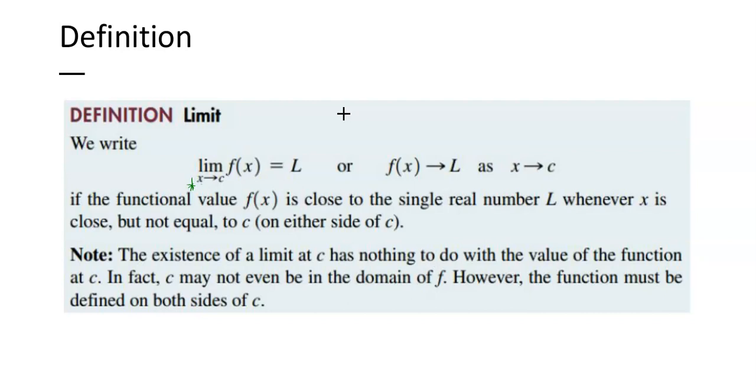So in fact, c may not even be in the domain of f, which means c might be a number that you're not even allowed to plug into the function. It might not even be a valid value of x for us to see if the limit exists. However, the function must be defined on both sides of c. So it needs to be defined at 1.9. It needs to be defined at 2.1 in order for the limit to exist.